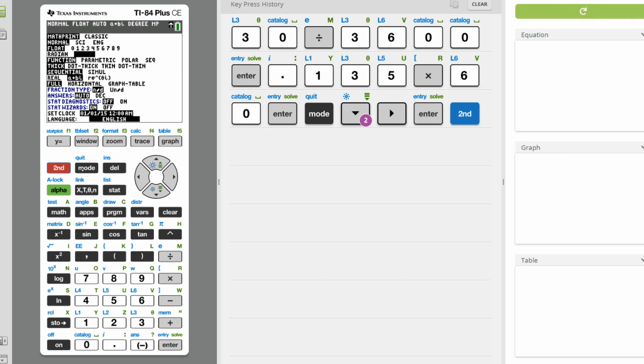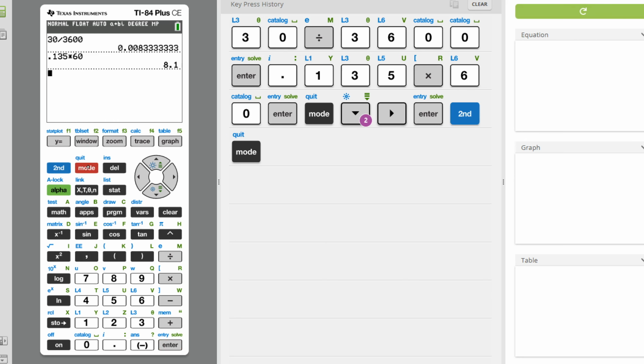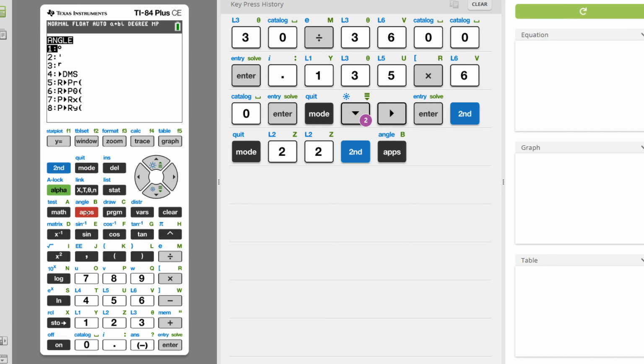Now, I'm going to press my second button and go back to the home screen. So second, quit. Now I'm going to enter 22 degrees, 15 minutes, and 30 seconds. So I'm going to type in 22. Now I'm going to go to my angle menu. So I'm going to press the second button directly above that apps key. You can see the angle menu. In this angle menu, option number 1 is degrees.